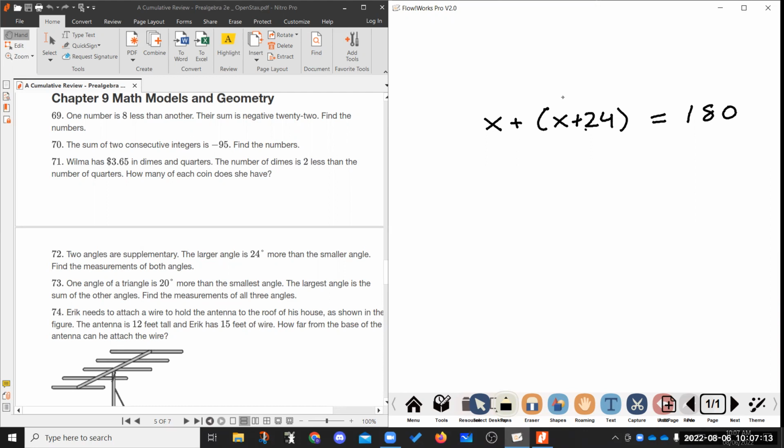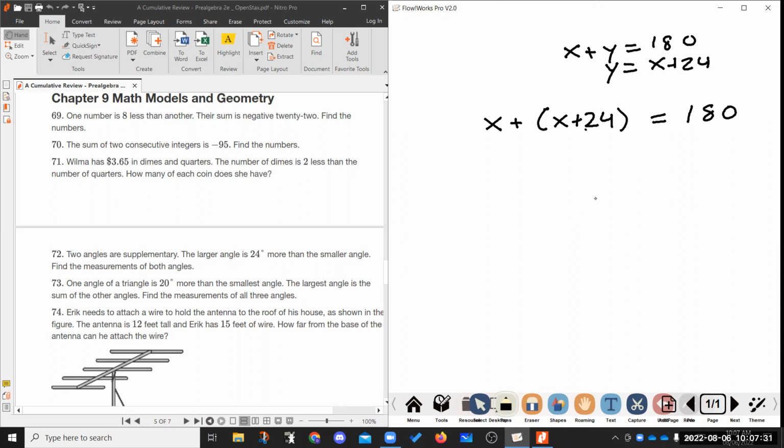So really this was x plus y equals 180, and y is equal to x plus 24, and I made the substitution.